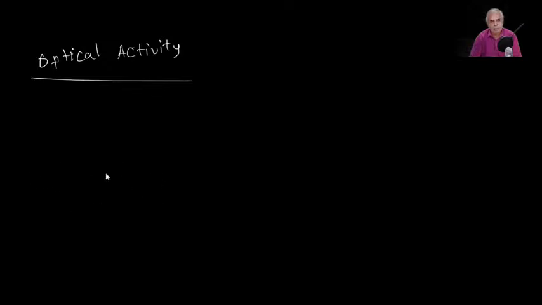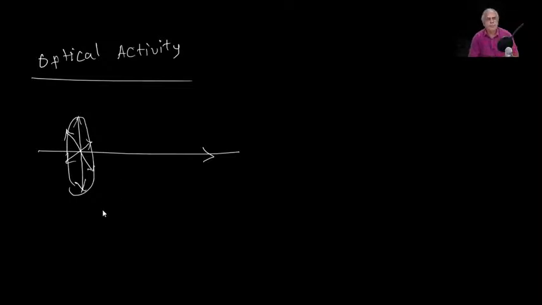See, normal light, when it travels from one place to another place, let me assume it goes in this direction. And we will take the cross section like this, and they will be vibrating in all directions like this. So they will be vibrating in all these directions.